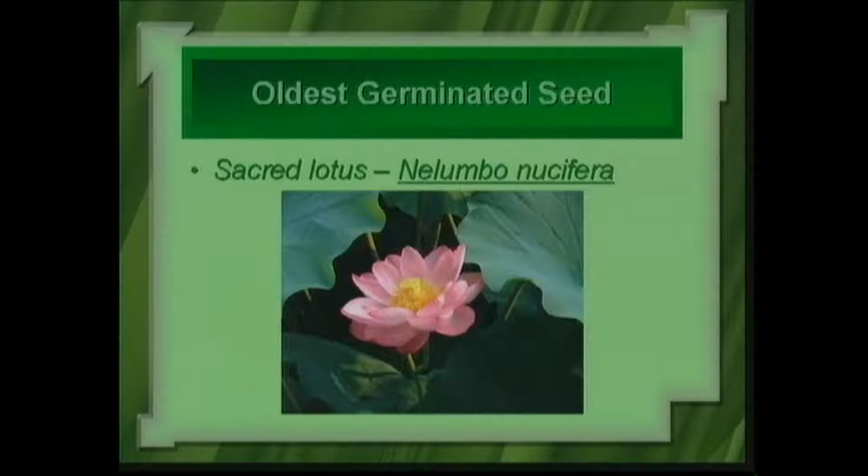When you do archaeological excavations, you scrape one layer and another layer. In one particular layer, over 1,000 years old, they found the seed, and they had a horticulturist, somebody who knows how to take care of plants, germinate it. It was amazing.